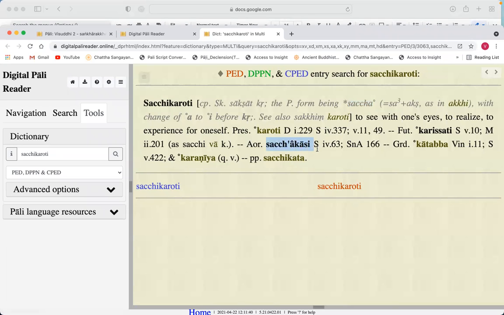So in the aorist, instead of sicha magasi, sicha gasi, also in this way, sichi grace. Experience, realized. So the meaning here is to see with one's eye. Even though sichi karodi, the case is not located there.